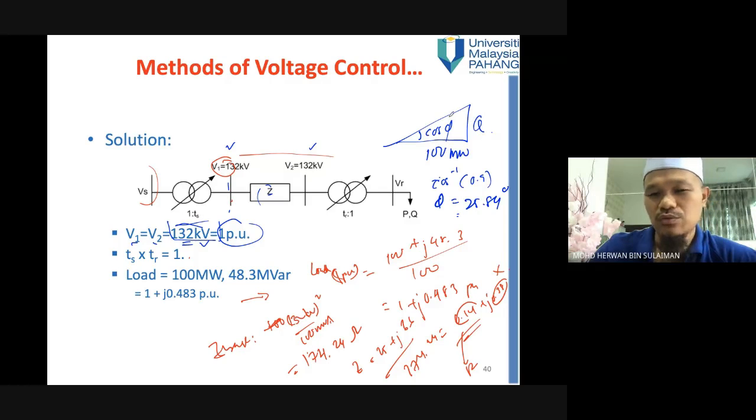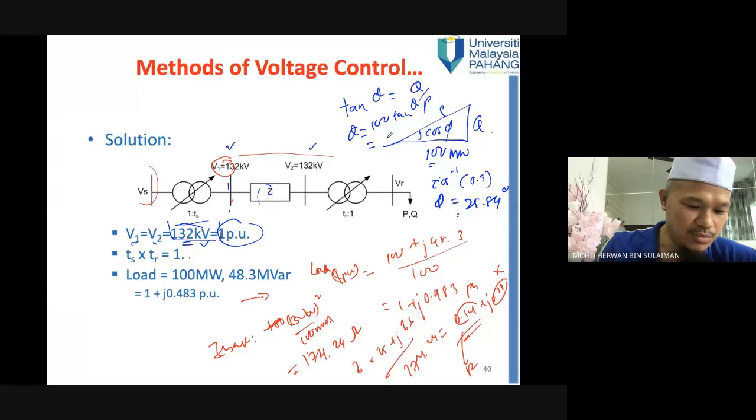Okay, to find your Q, you can use tangent, right? Tangent theta equals Q over P. So your Q equals P, which is 100 megawatts, times tangent theta. So you take the tangent of your previous result.